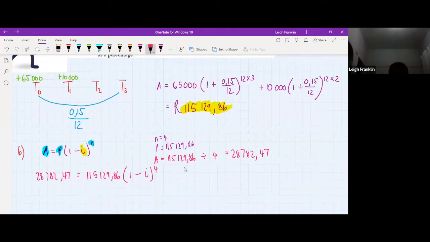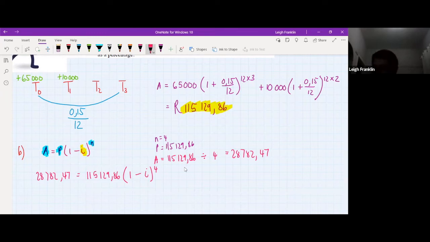So we want to isolate our bracket. That means we've got to divide both sides by 115,129.86. You must not round off. You only round off once at the very, very end. Okay, so we are going to divide the 28,782.47 by the 115,129.86.